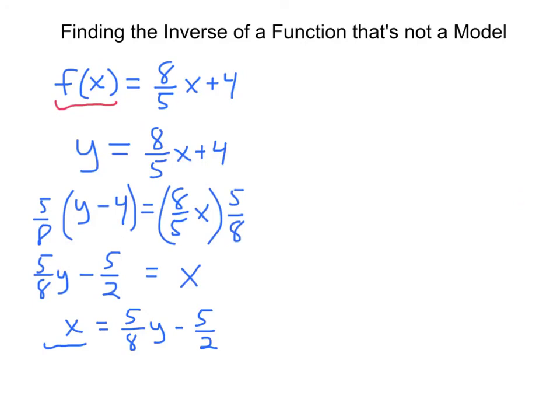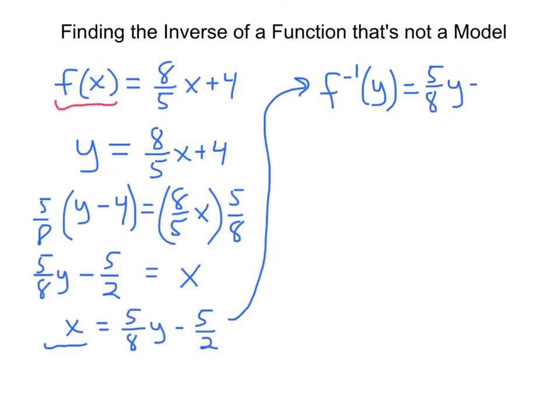So let me continue on up here. So remember, we started with the function f and we found the inverse, so we'll use f inverse notation. And the variable that goes in the parentheses is always the variable that's on the right side of the equation, so it would be the y in this case. So we'd have f inverse of y equals 5/8 y minus 5/2.